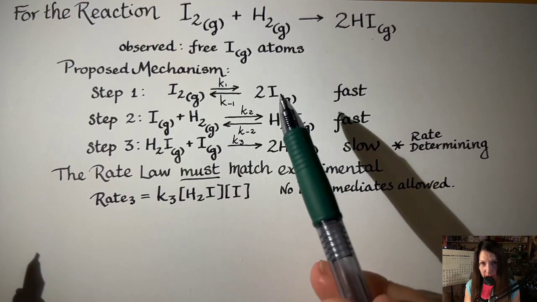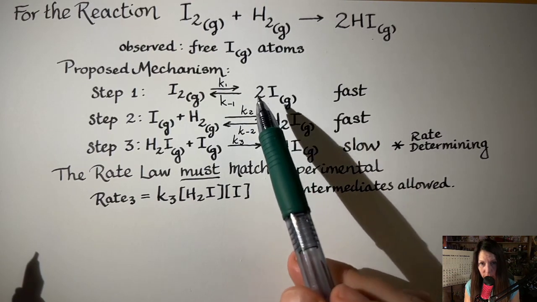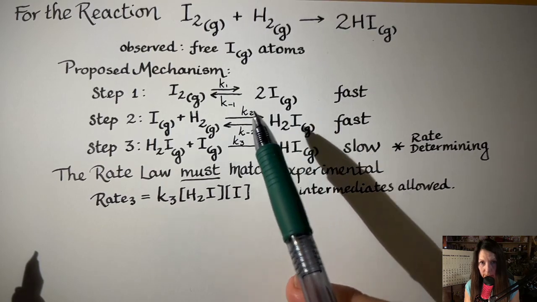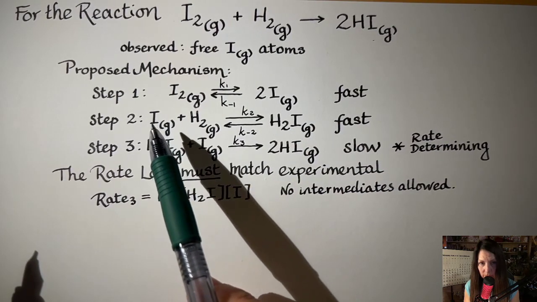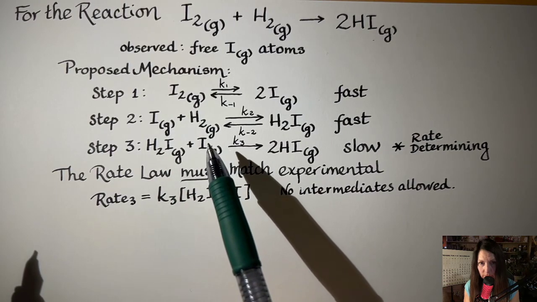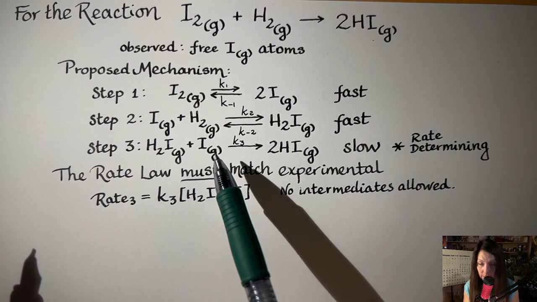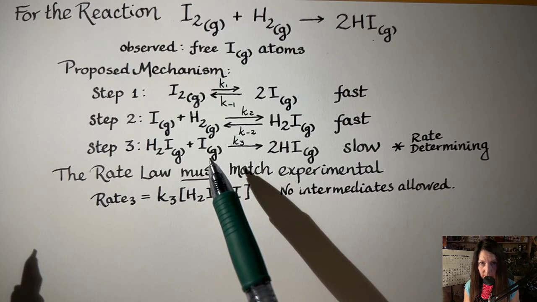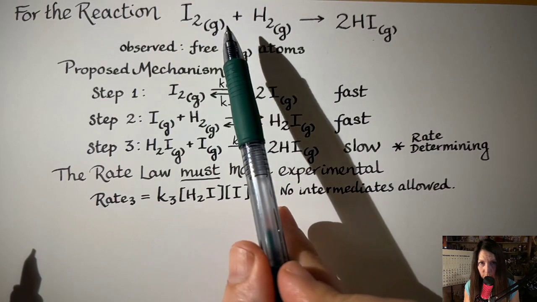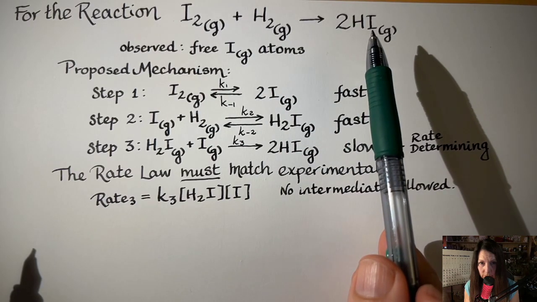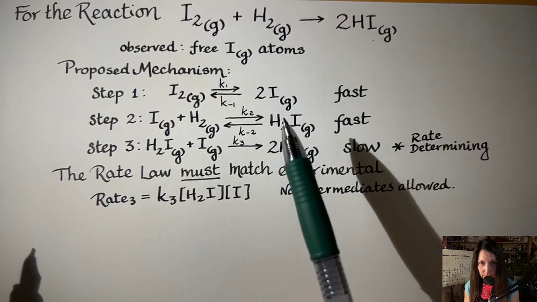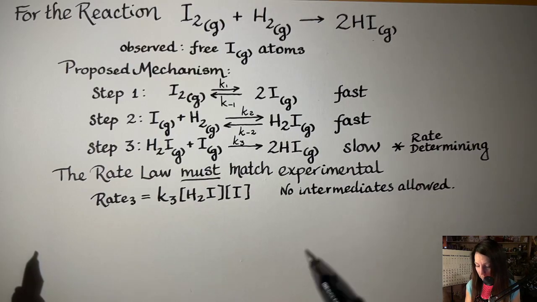In this particular mechanism, we've got two that show up in one step. One of them is consumed in step 2. Another one is consumed in step 3. But they do both disappear. They do not appear in the overall chemical equation. Okay, so they appear and then they disappear.